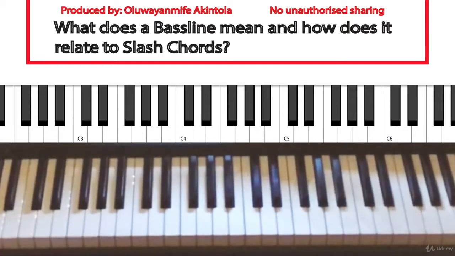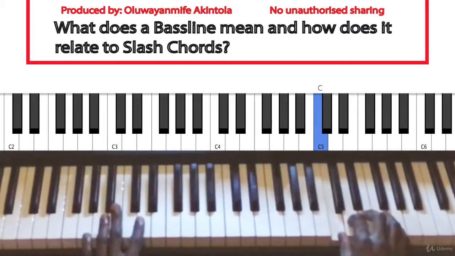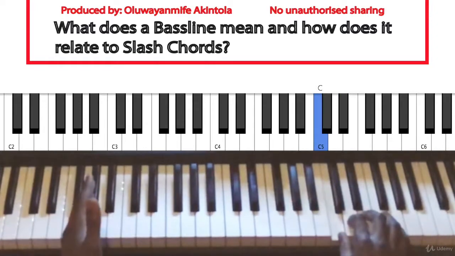On the other hand, it could just be only you playing the piano, and in that case, the low-pitched notes that you're playing with your left hand will be known as the bass line. So let's say you're playing something with your right hand and you're playing some sequence of notes with your left hand.